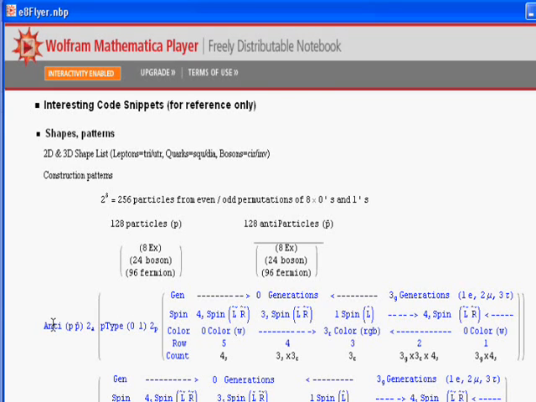For example, the anti-parameter will multiply the number of particles by 2, the particle type also by 2. The counts here, as you can see, multiply out to a total of 256.